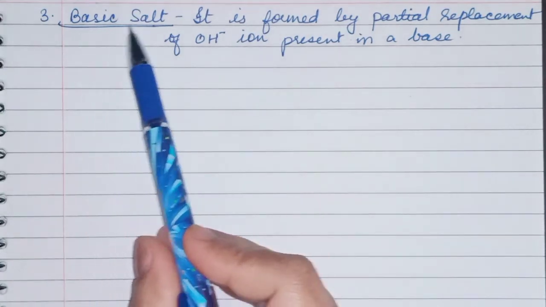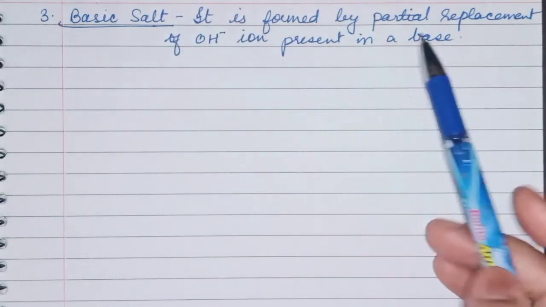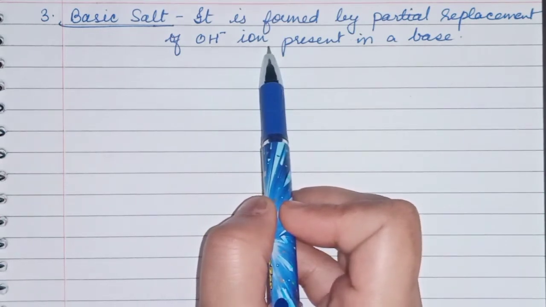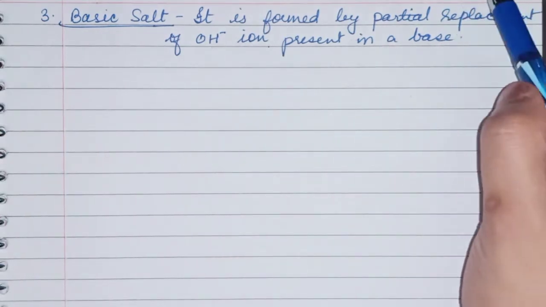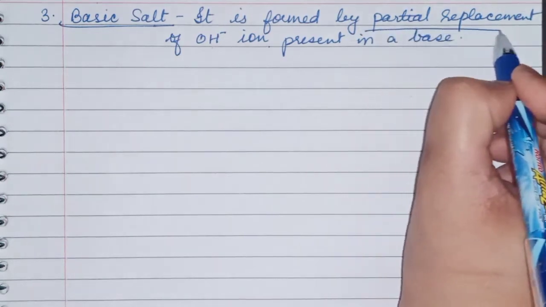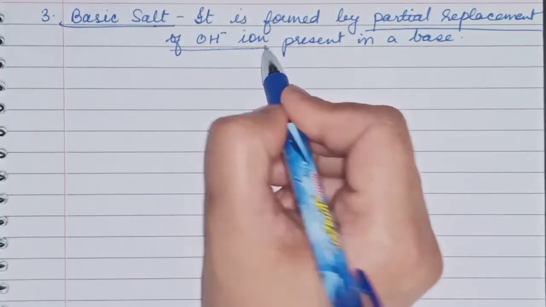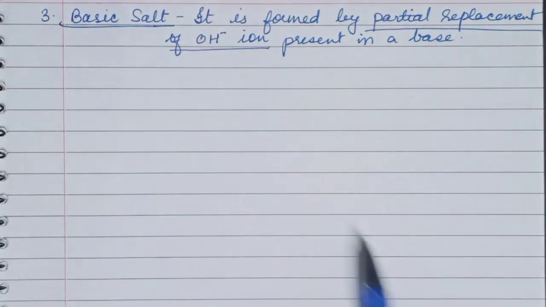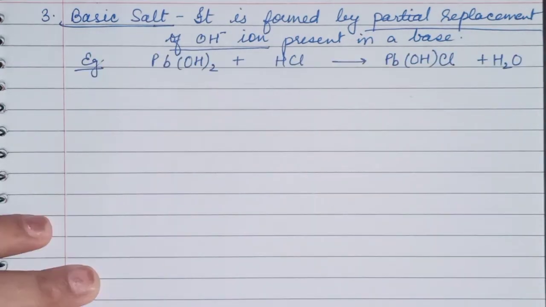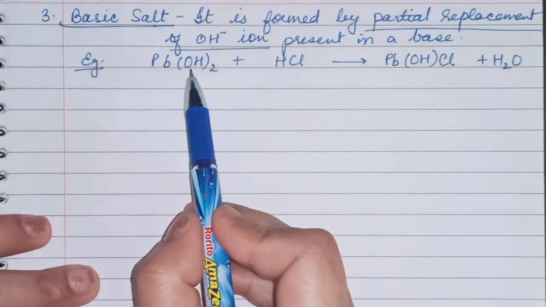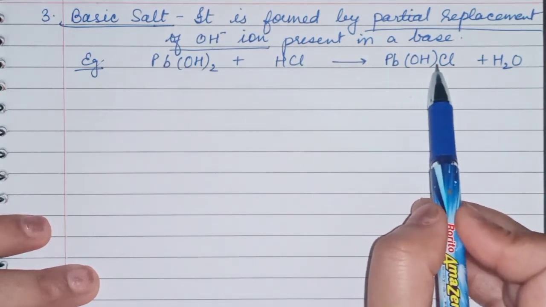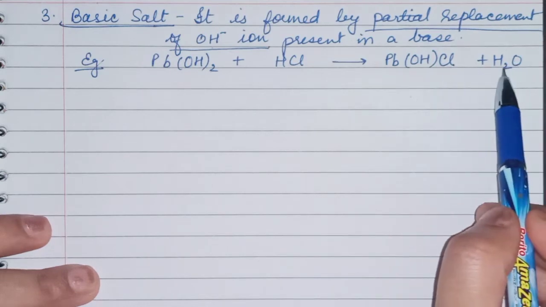Now third is basic salt. It is formed by partial replacement of OH minus ions from a base. Then the salt formed is a basic salt. Let's take an example. See here, Pb(OH)2 plus HCl gives Pb(OH)Cl and H2O.